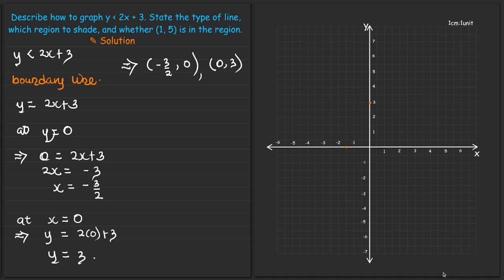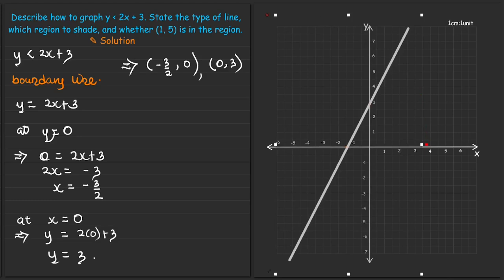So you take your ruler and draw your straight line. It should pass through these 2 points. I'm going to extend this as well. This is my line, and we said it's supposed to be dashed, so I'm going to use dashes, as you can see over here.